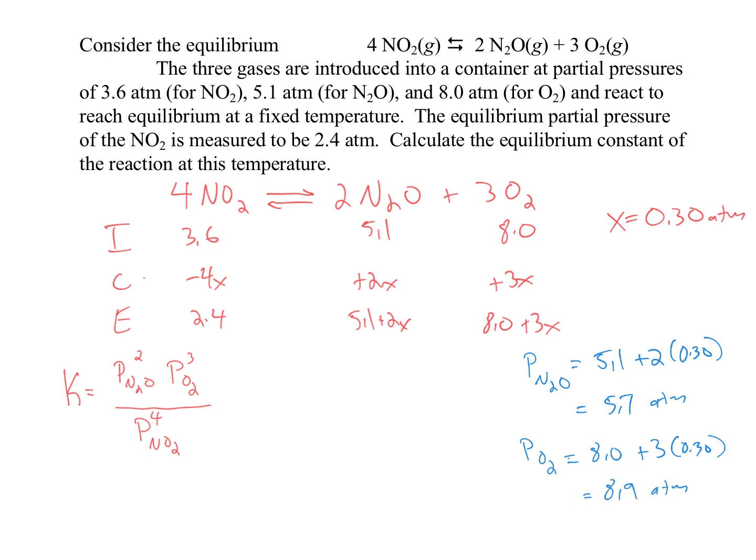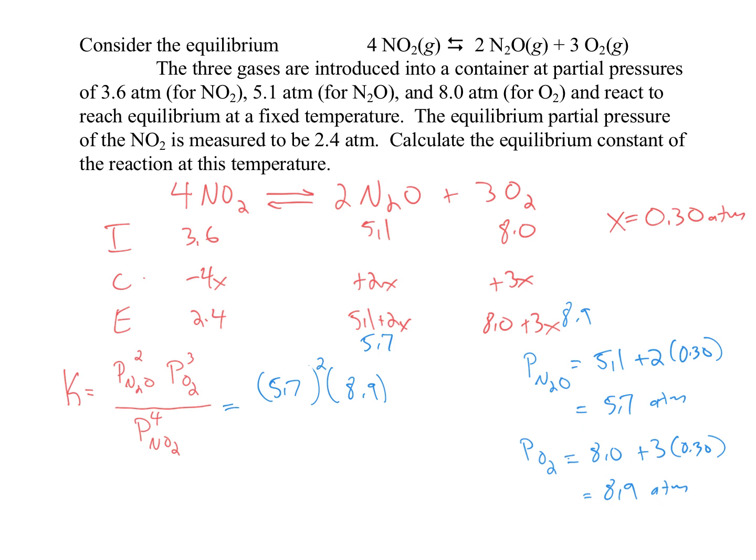And so now we know the equilibrium partial pressures for all the reactants and the products. So we can go ahead and plug this into the equilibrium constant expression. So I have 5.7 squared times 8.9. Let me be consistent the way I write this. I'll put the exponents on the outside.